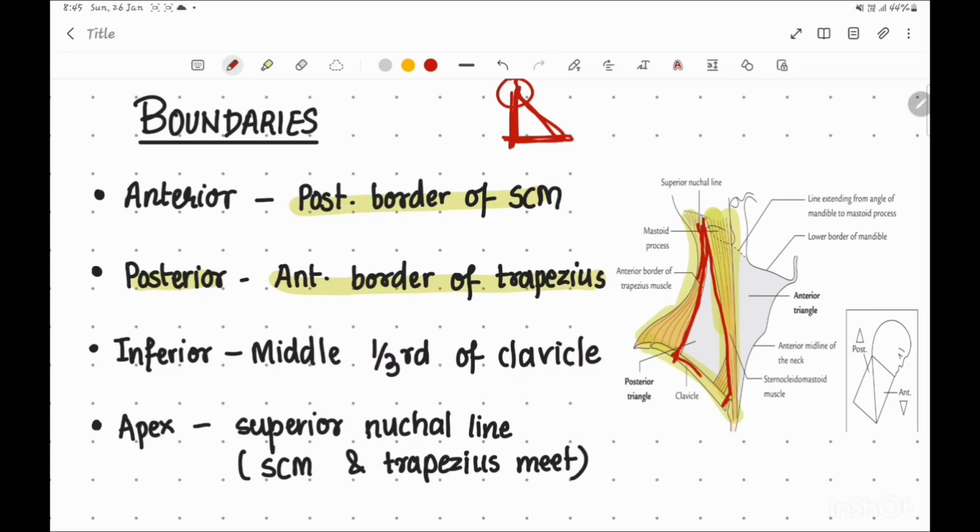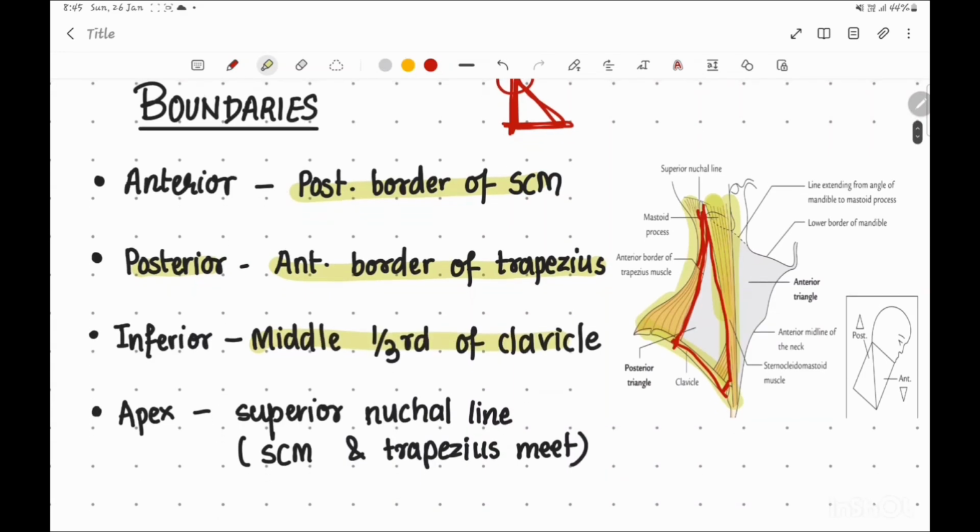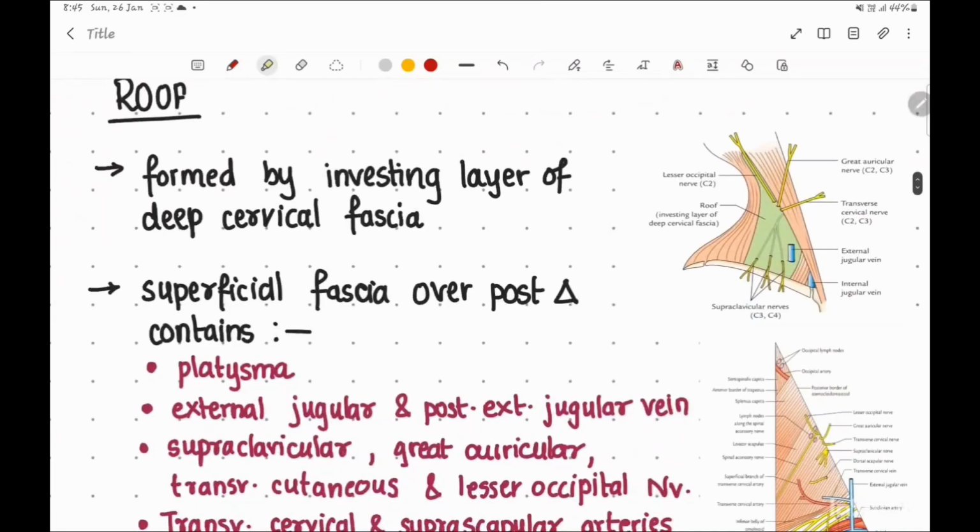Not the entire clavicle is forming, only the middle 1/3 of clavicle is contributing to inferior boundary. Then we have apex of the triangle, that is formed by fusion or the meeting of sternocleidomastoid to trapezius muscle, that is formed at superior nuchal line here.